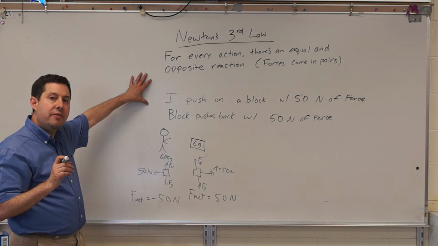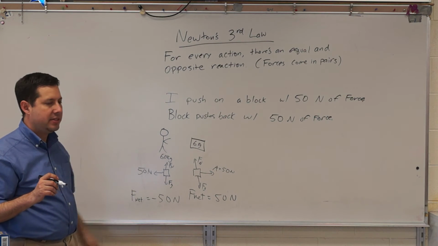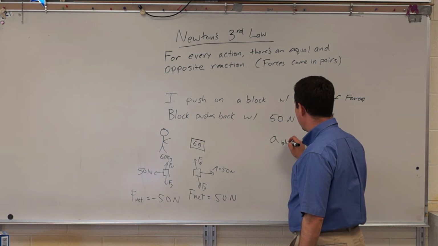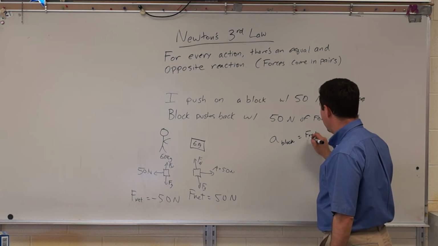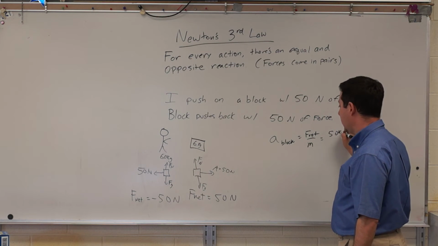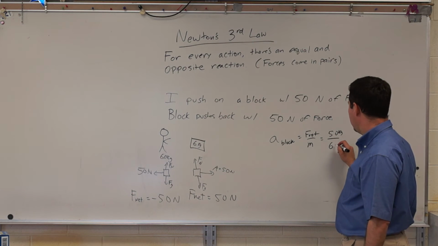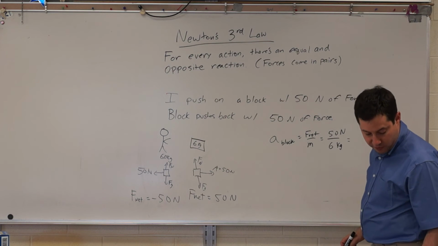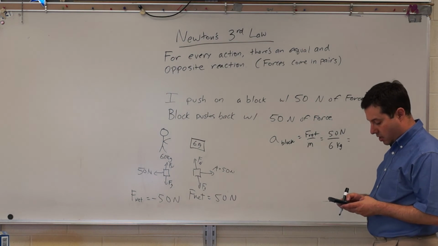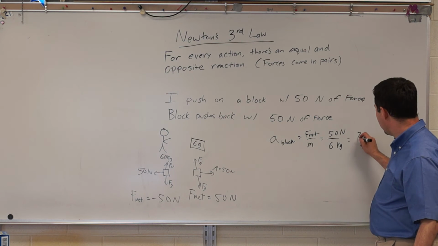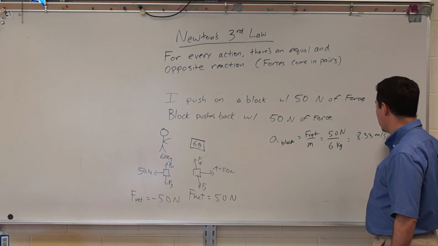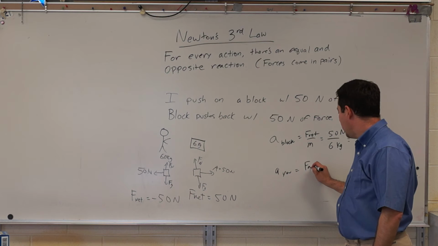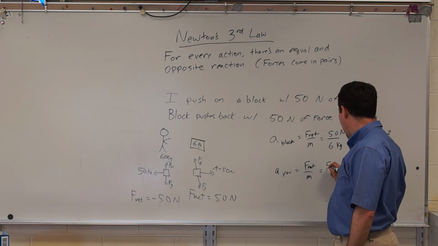Now, just because they have the same force does not mean that they have the same acceleration. So let's think about this. Acceleration on the block is net force divided by mass, or 50 newtons divided by 6 kilograms. So 50 divided by 6 ends up being 8.33. And the acceleration on you is also the net force divided by the mass, also 50 newtons.